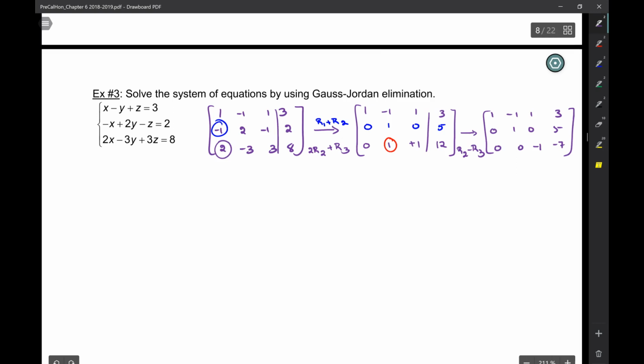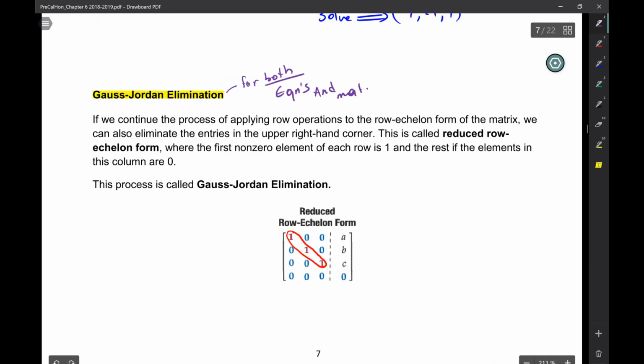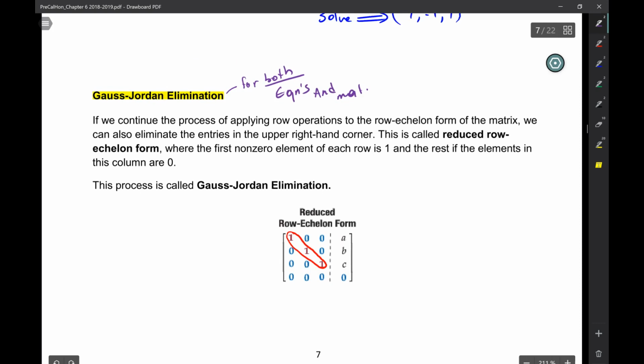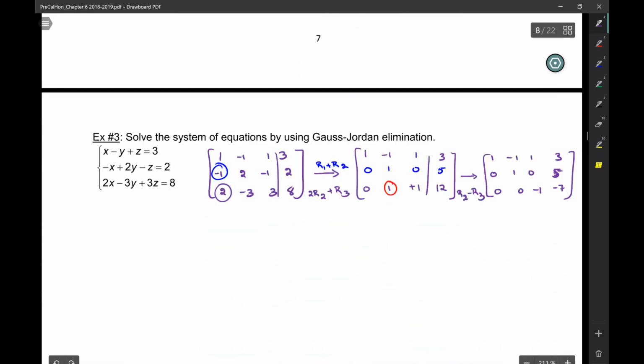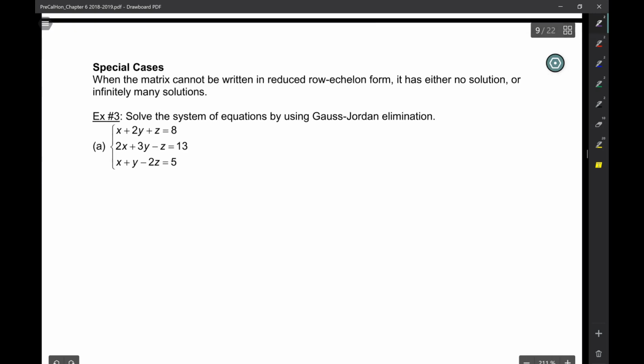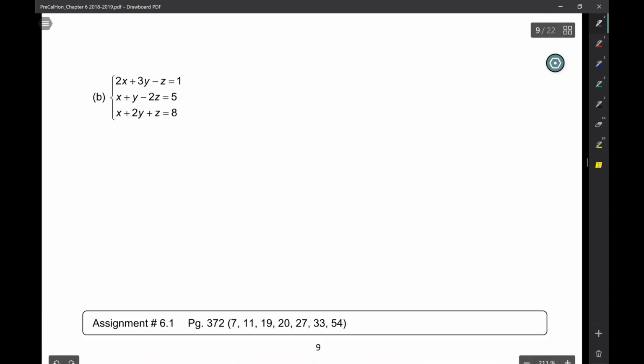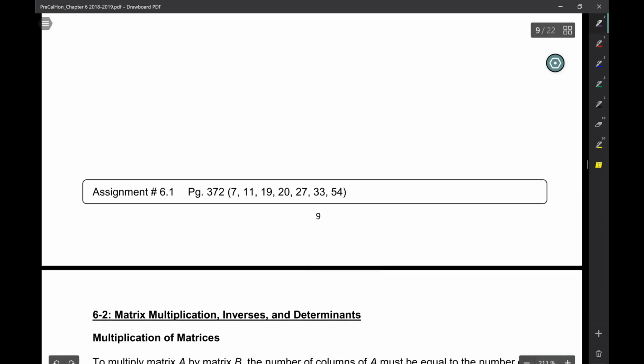Is this in triangular form? Yes. Have I gotten it in the Gauss-Jordan form? No, so I need to go further. All right, and we will go further next time.